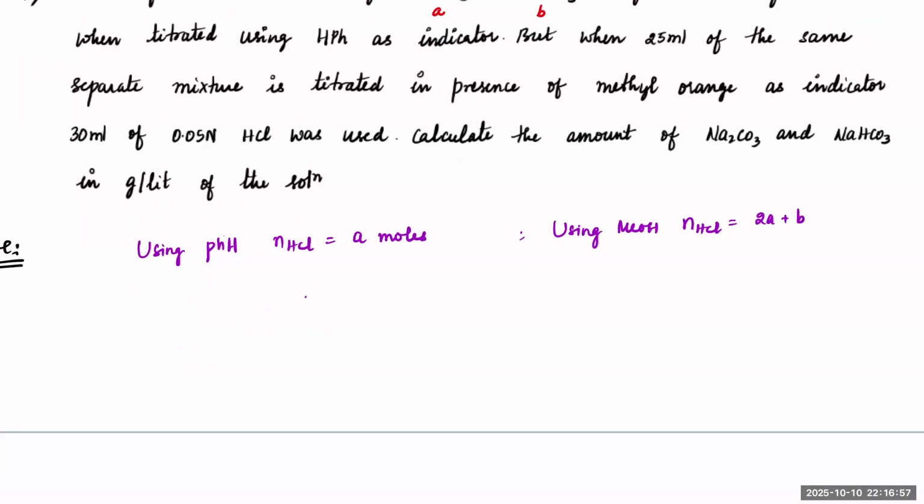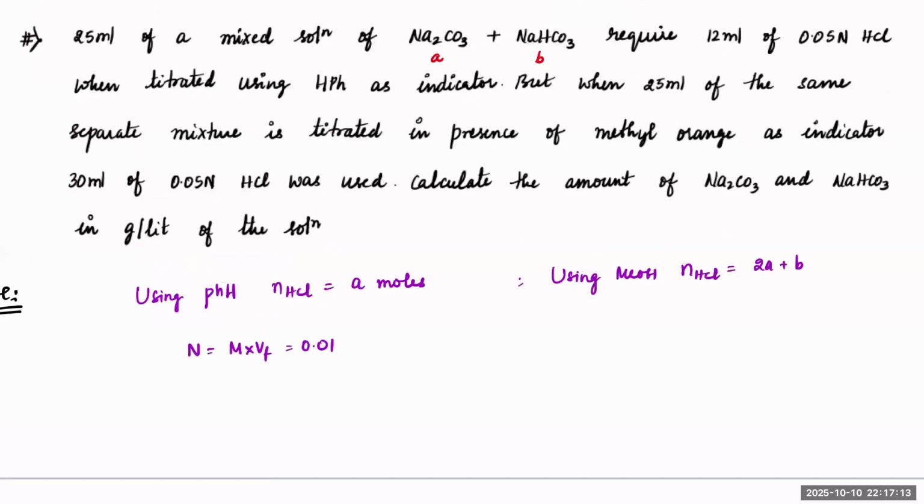Acha, normality into molarity, how do we convert? Let me write that first. You know that normality is always equal to molarity into valency factor. And valency factor of HCl is 1 because it is able to give only 1 H plus. So therefore 0.05 normal, molarity and normality are the same. So molarity will also be equal to 0.05 molar.